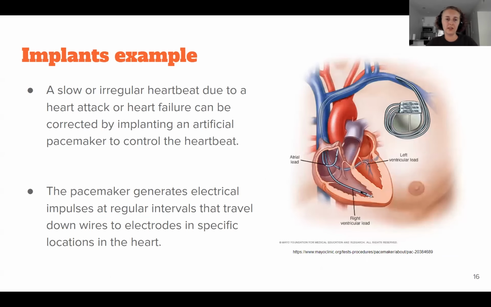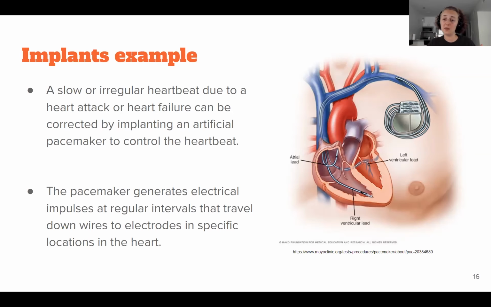So moving on to the concept of implants, like we said, this is a medical device that is physically inside the body. So there's that extra parameter we have to consider there. And the example we're going to use is an artificial pacemaker. These are super common. They might be used to treat a slow or an irregular heartbeat, which could be caused by things like a heart attack, heart failure, or some other heart condition.